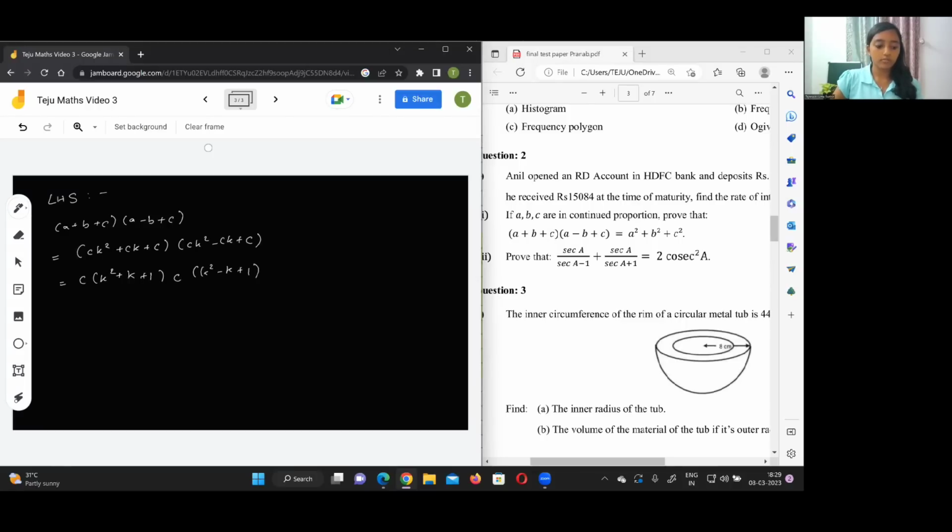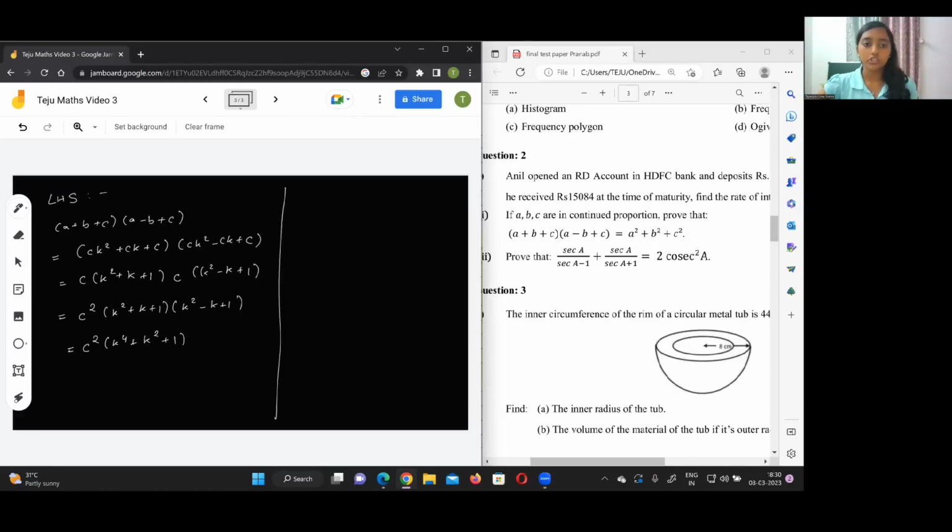So what that will come down to is C square into K square plus K plus 1 into K square minus K plus 1. So that will be nothing but C square into K to the power of 4 plus K square plus 1. So that is our LHS.